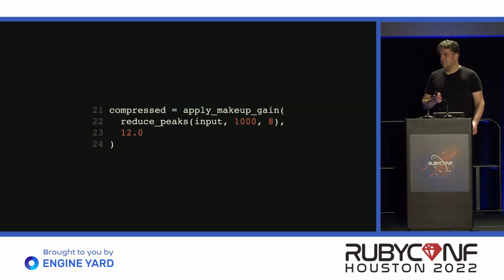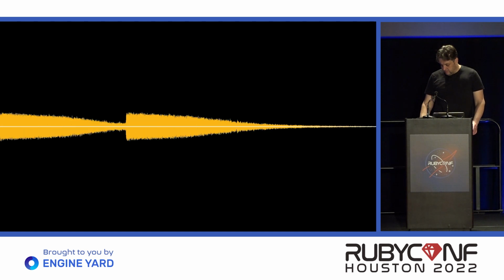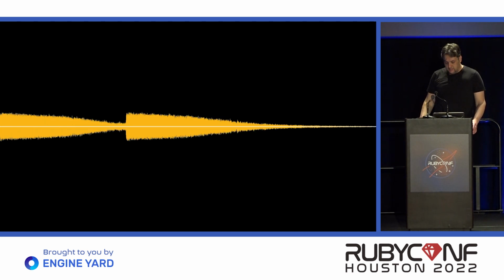And if you combine those two steps, you end up with two methods feeding each other's output into each other. And we go from this waveform to this shape. If you look at the difference, you'll see that it's way less peaky.